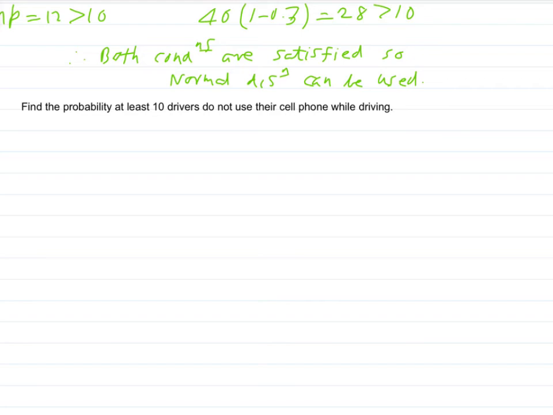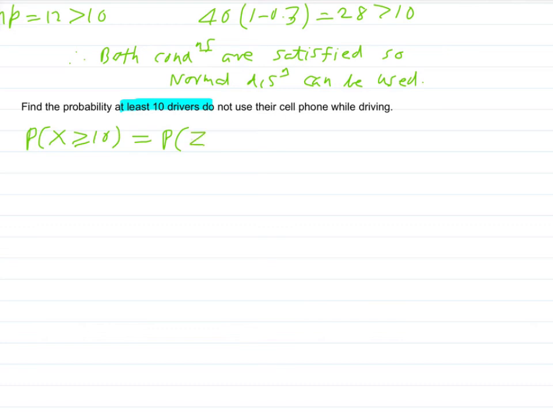Next, find the probability that at least 10 drivers do not use their cell phone while driving. X is the number of drivers who do not use their cell phone, therefore we use X greater than or equal to 10.